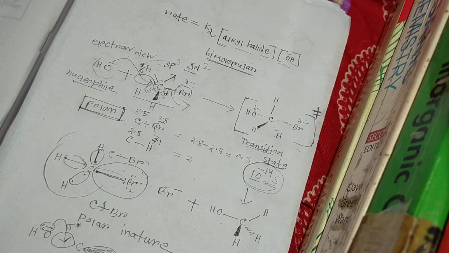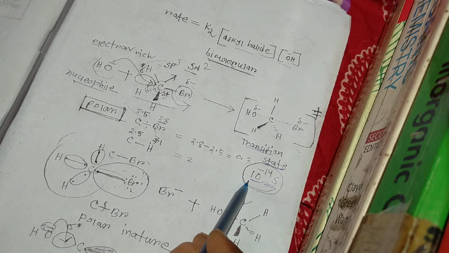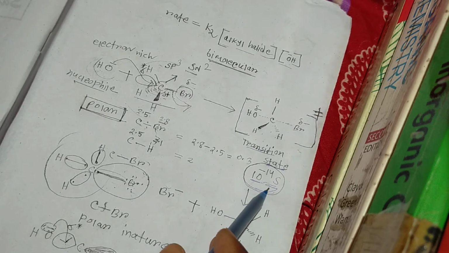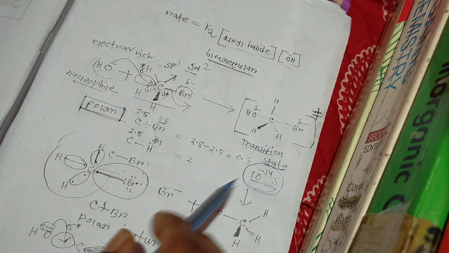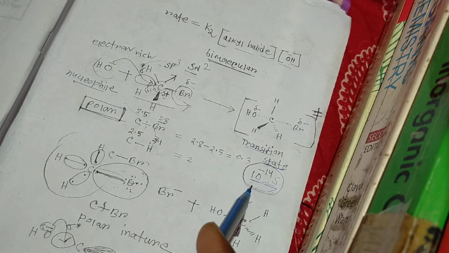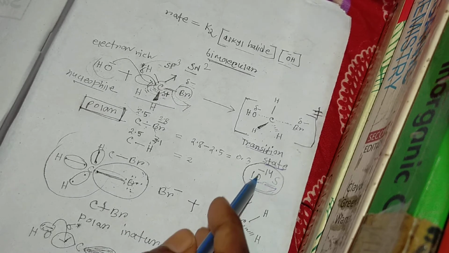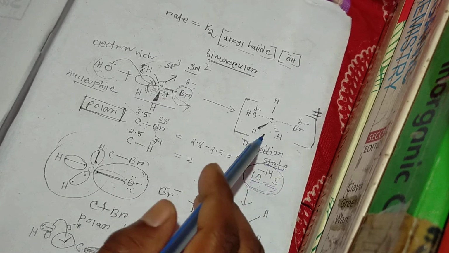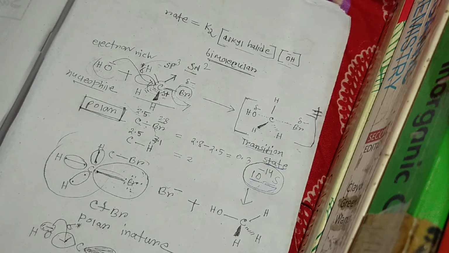So the intermediate state can be experimentally verified, and it is found. But the transition state is actually an imaginary state, that is not found. Its lifetime is actually 10 to the minus 14 second. So now you can imagine that it is very, very unstable. This is called a transition state.